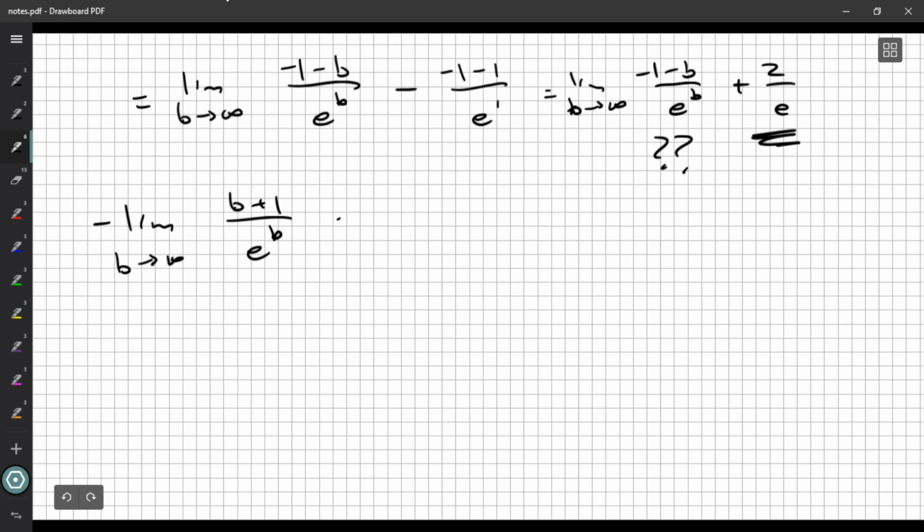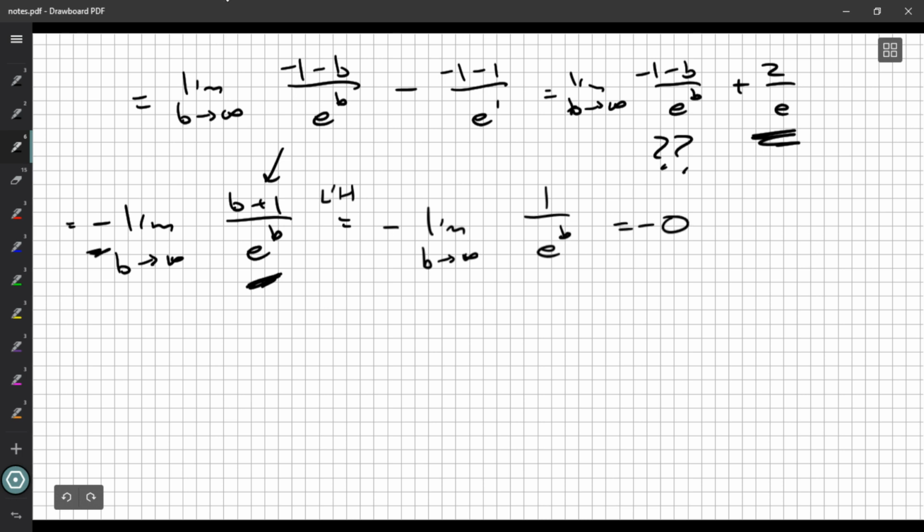Now as b tends to infinity, the top goes to infinity, but so does the bottom. And if you're comfortable with limits, you might just say, well, exponentials always grow faster than polynomials, so this is going to go to 0. Or you could say, well, let's just use L'Hopital's rule, shall we? Still keeping this minus sign over here, derive the top, derive the bottom, and oh, look at that, it does go to 0.